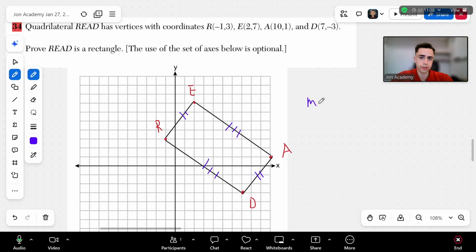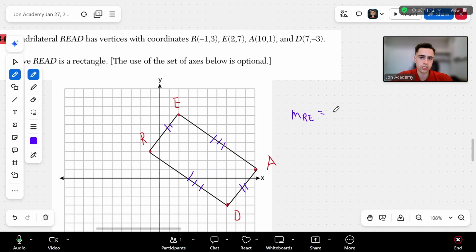So the slope between RE, this one is going to be, let's see, we take the y's and subtract them, 7 minus 3, and then 2 minus minus 1, which is plus, no? So this is going to be 4/3, no?